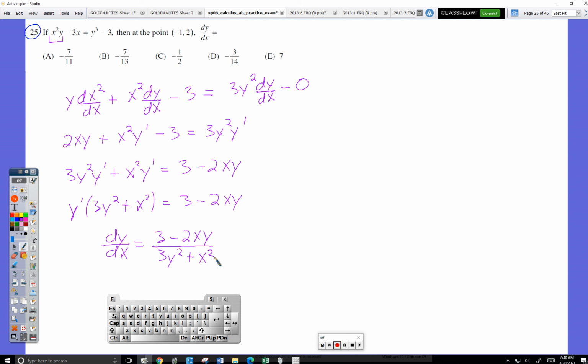Would the 3y squared y prime be negative since you moved it over to the other side? How many saw the error? 2 points, 3 for down.